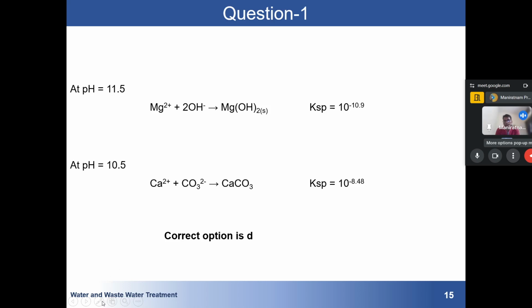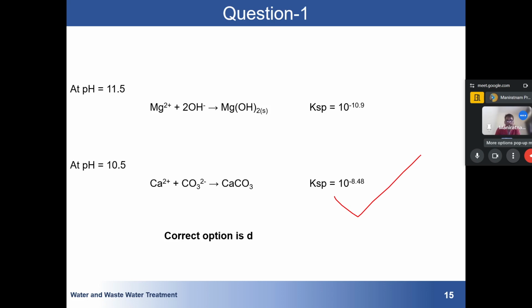A question can be asked: why, if OH minus is also present at pH 10.5, can calcium hydroxide not form? Actually, calcium hydroxide will also form, but calcium carbonate is more favorable due to the Ksp constant.